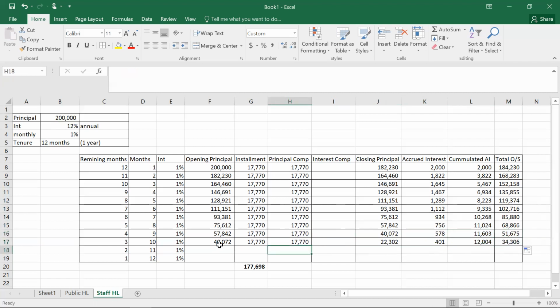Now, how much is outstanding at the end of the 10th month? This is the outstanding, 22,000. Again, we will recover another installment.